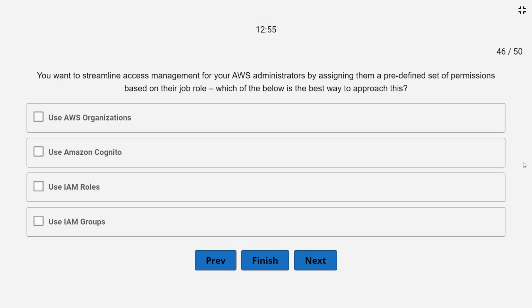People choose D. D rather, okay. You want to streamline access management for your AWS administrators by assigning them a predefined set of permissions based on their job role. Which of the below is the best way to approach this?